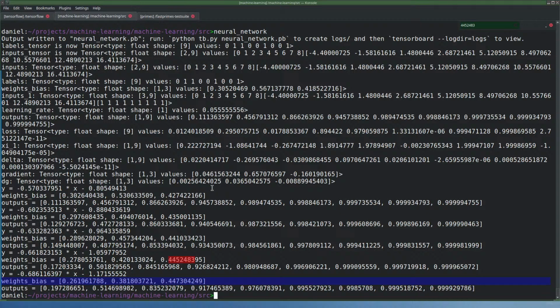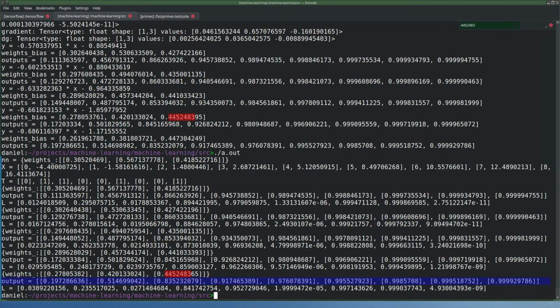It is printing the outputs. So compare that with this one. That output, the last one, is no, 2866. It's not that bad.